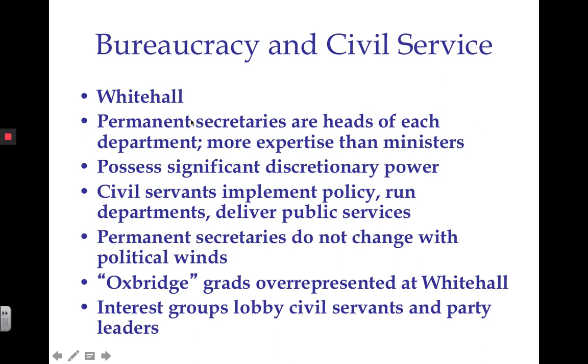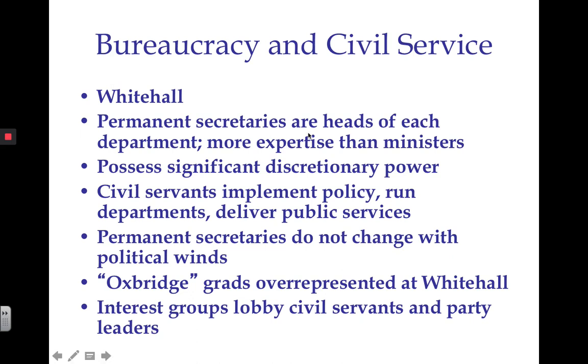Permanent secretaries are ones that don't change with the political winds. They have terrific discretionary power as they oversee how policy is actually going to be implemented, and they work their way up in the ranks over the course of time. Civil servants in the UK, as in other countries, implement policy, run the departments, and deliver services as directed by the government.